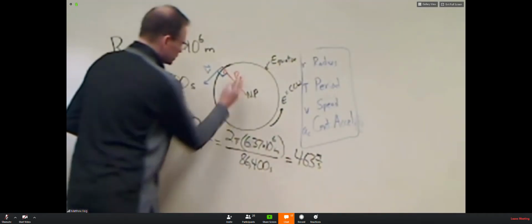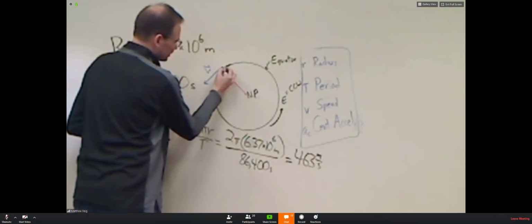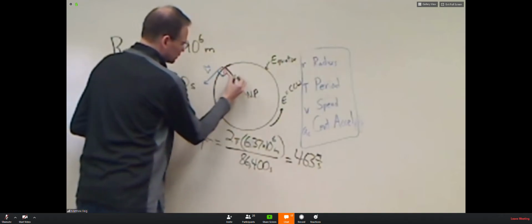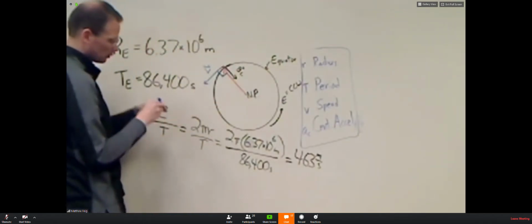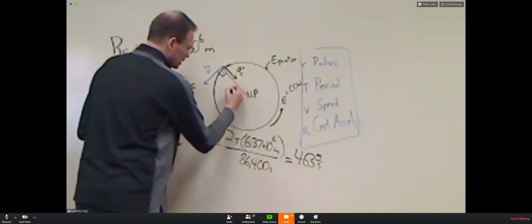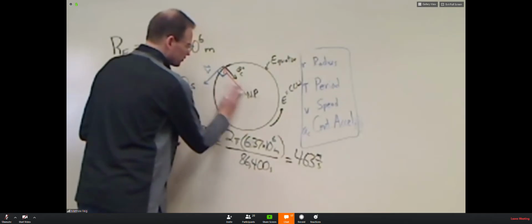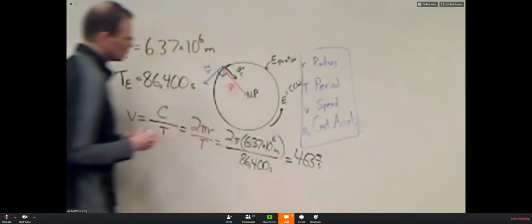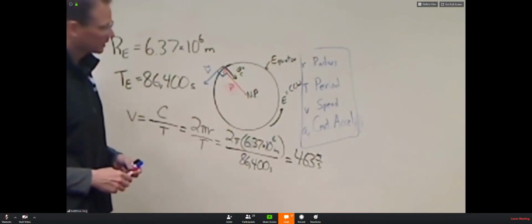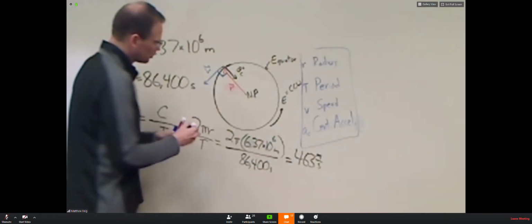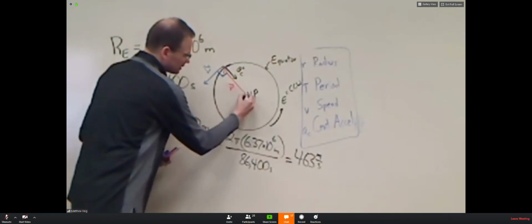The acceleration points inward. It's been probably a month or more since we've drawn this, but we did do a fair amount of this. So I'm going to call this the r vector in red, the velocity vector in blue, and the centripetal acceleration vector in black. Centripetal acceleration always points at the center of the circle.